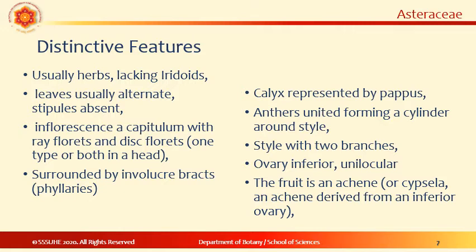Calyx is generally a hair-like pappus. The androecium is syngenesious, with fused anthers, and an inferior ovary with a single basal ovule. Fruit is an achene. Leaves are usually alternate and stipules are absent. The fruit is an achene but called a cypsela because it is from a single ovary.